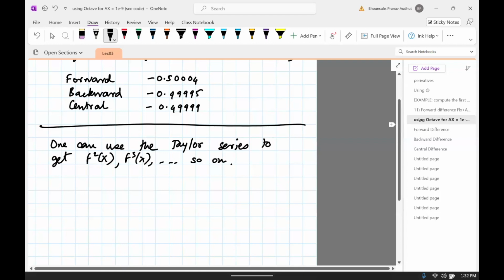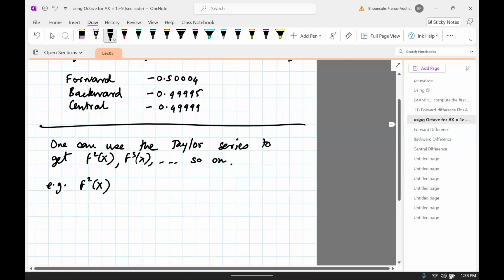Just like I manipulated the equations for f of x plus delta x and f of x minus delta x to get f1x using forward and central differences, you could do the same thing for the second derivative and third derivative, because all those derivatives are available in that expression. Here's an example of f2x computed that way.